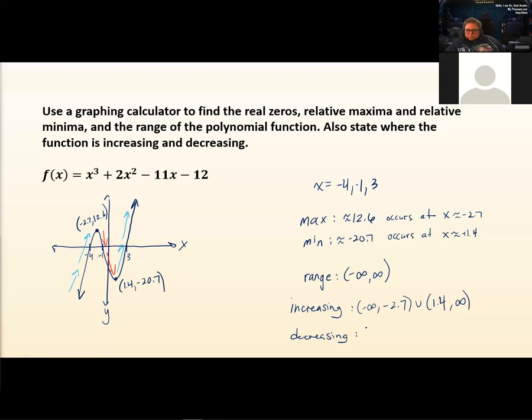I'm gonna step back, see what Megan thinks. What do you think, Megan? Where's it decreasing? What's the interval? Where does it start from left to right? What number? What's the X value?